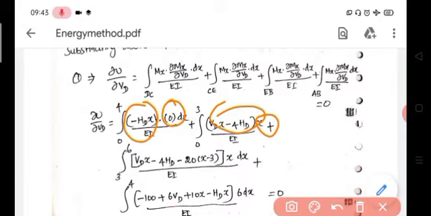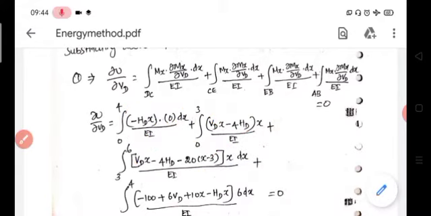The moment equation will be VD into x minus 4HD minus 20 into x minus 3, then dou Mx by dou VD is equal to x. Then the fourth segment, limit 0 to 4: minus 100 plus 6 VD plus 10x minus HD. This is Mx. Then dou Mx by dou VD is equal to 6, all equal to 0.